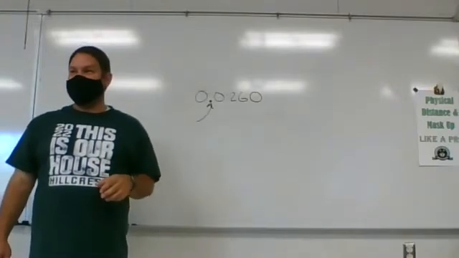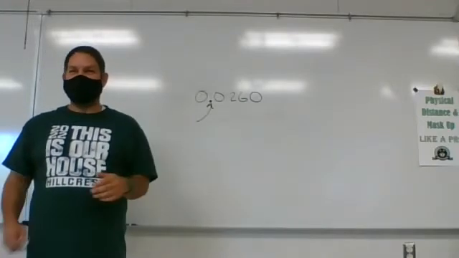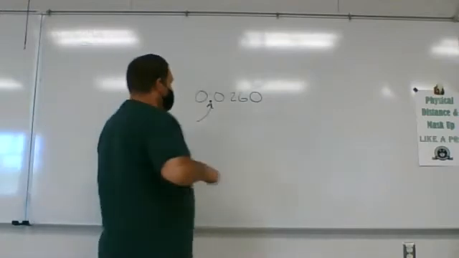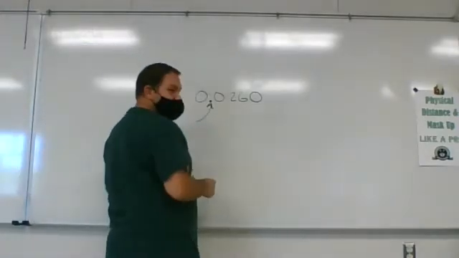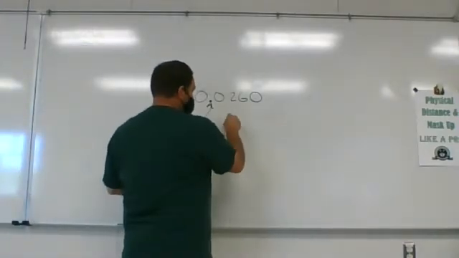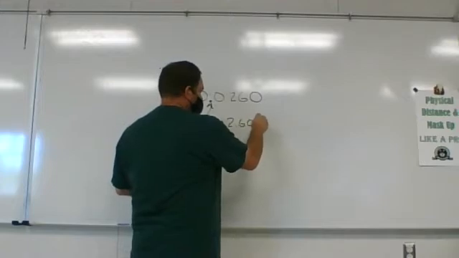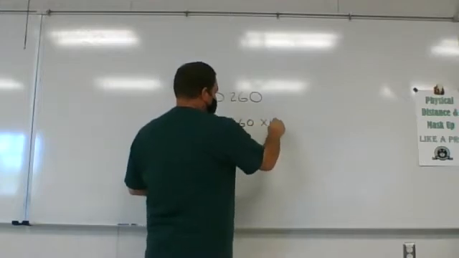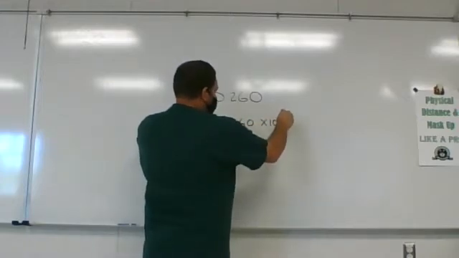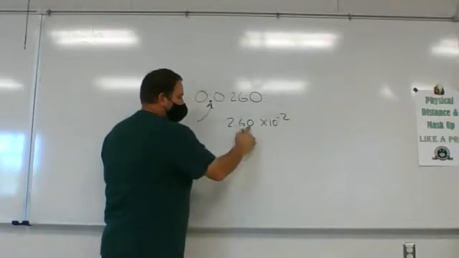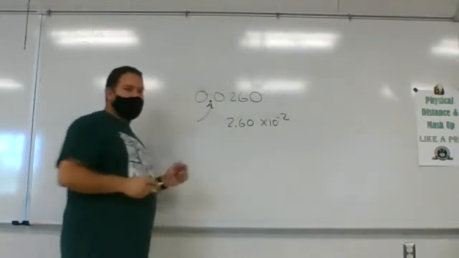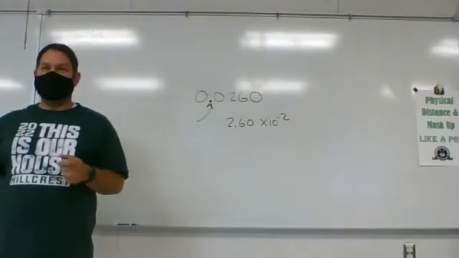Now, follow scientific notation rules, because if I was to put this in scientific notation, it would be 2.60, because that's significant, times 10 to the minus 2. Now, notice there's a decimal point always in scientific notation.